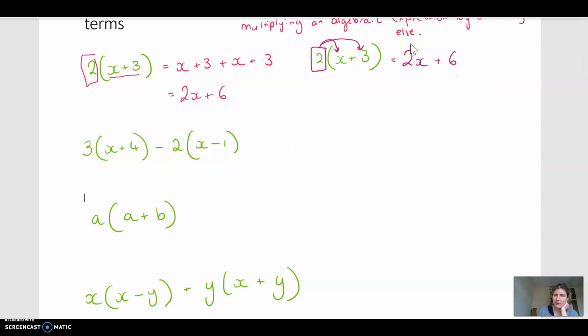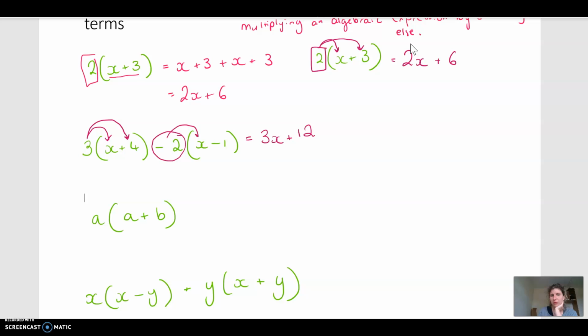If we look at this second one, in this case we've got 2 lots of expansions that we need to do. And then we're going to collect our like terms and simplify at the end. So the first thing we do is multiply x by 3, which gives me 3x. And then we multiply 3 by 4. Again, that plus stays the same, and 3 times 4 gives me 12. Then I'm going to multiply. Now this is minus 2. So in this case, we're multiplying everything by negative 2.